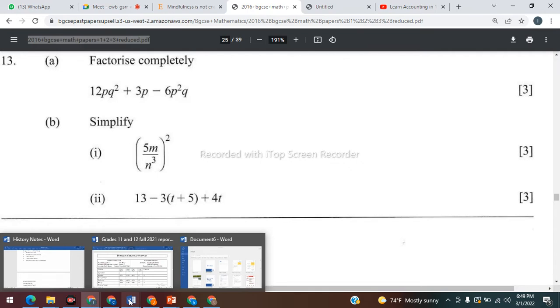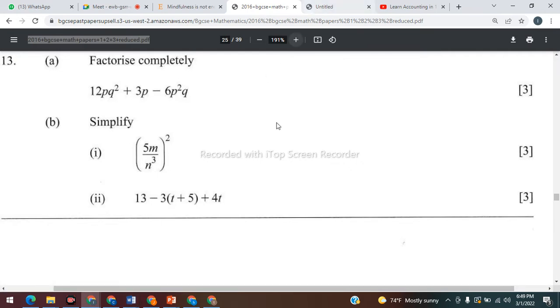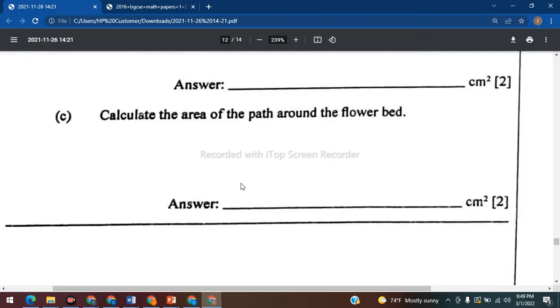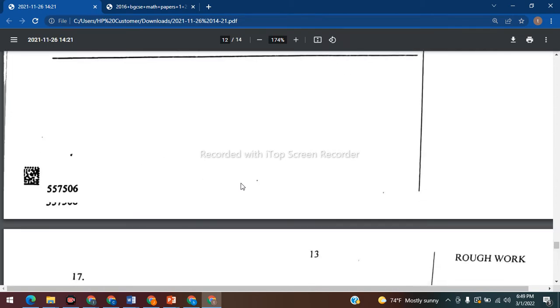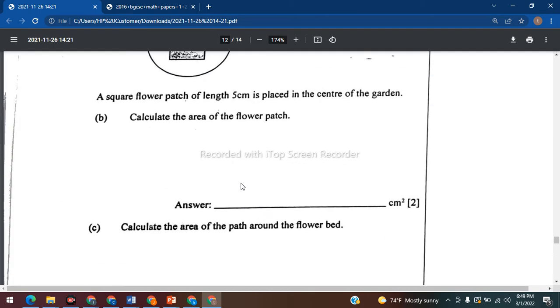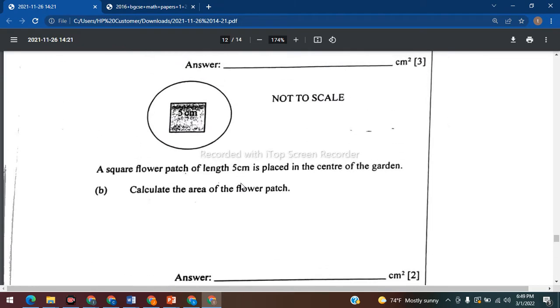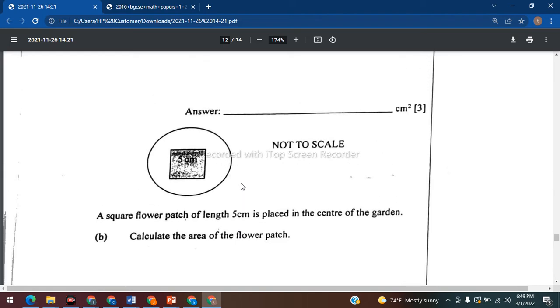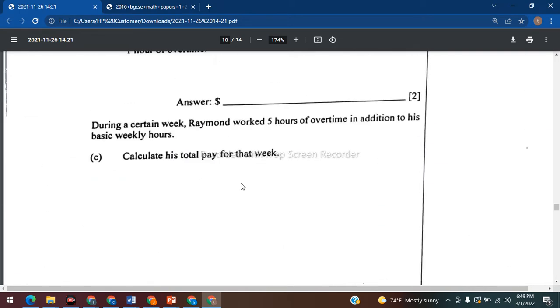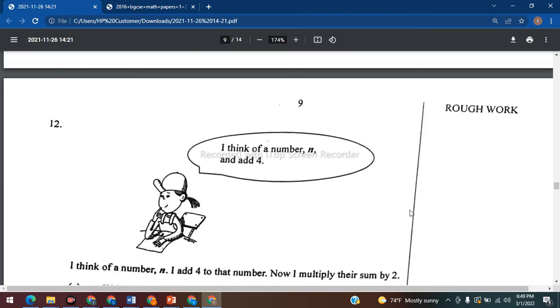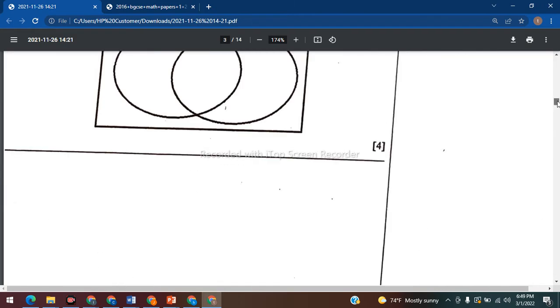Easy, hard, or medium? Medium? Okay. It's easy, but you've got to know which formula to use. It's just the formulas you have to remember. That's the hardest part about it. So you need to know the area of the square. You need to know the area of your circle, right?